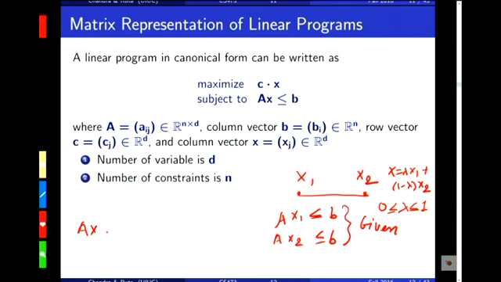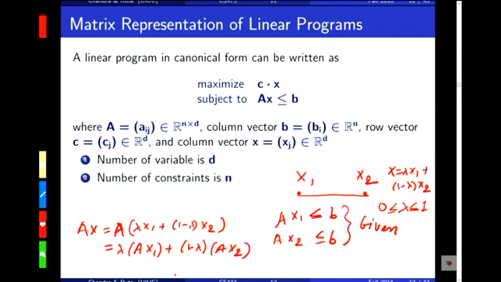By linearity, because this is a dot product of a matrix with a vector, I can replace x with lambda x1 plus 1 minus lambda x2, and write this as lambda Ax1 plus 1 minus lambda Ax2.